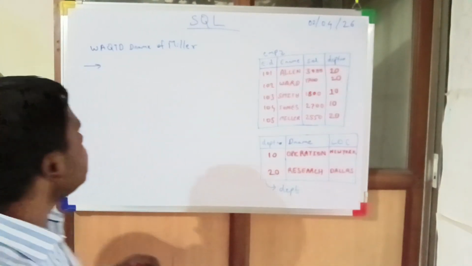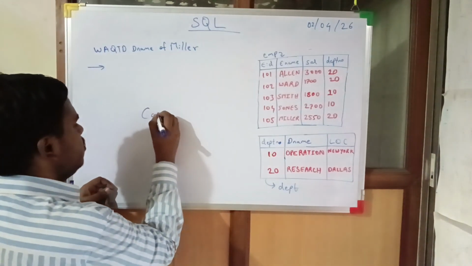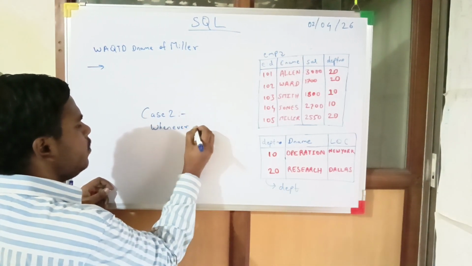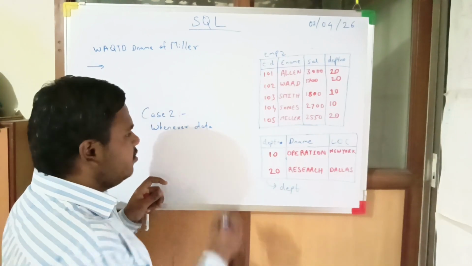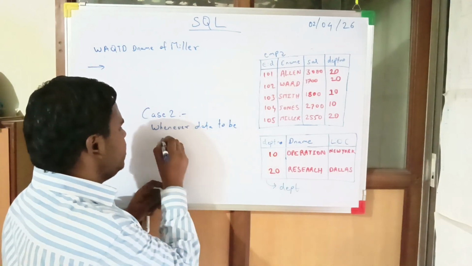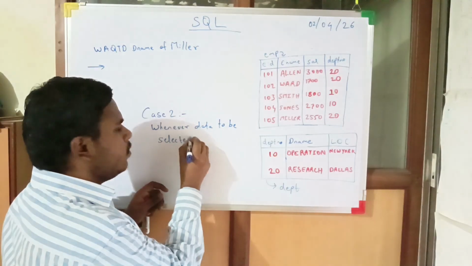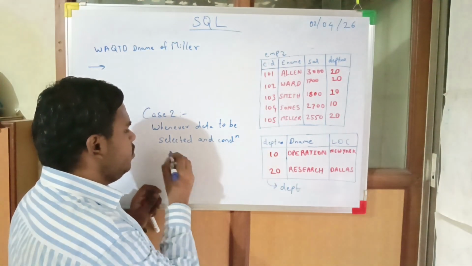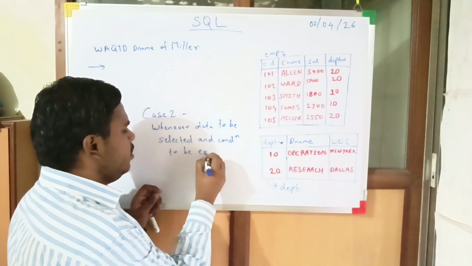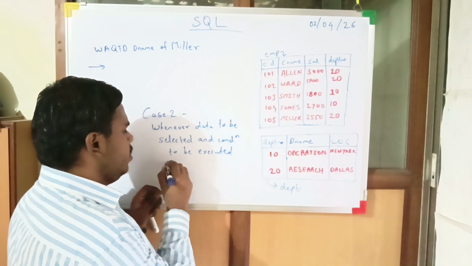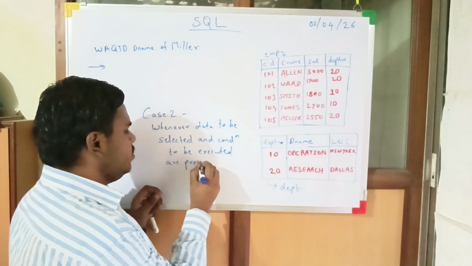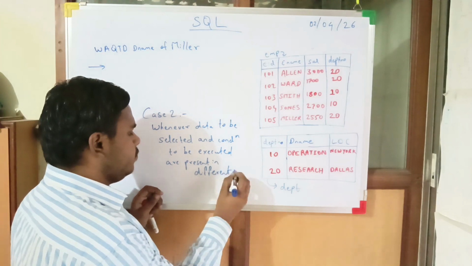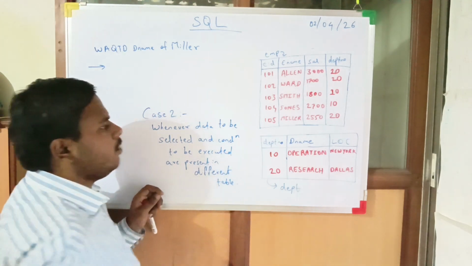So what is case 2? Case 2 is whenever the data to be selected and the condition to be executed are present in different tables, then we need to use the concept of subquery.